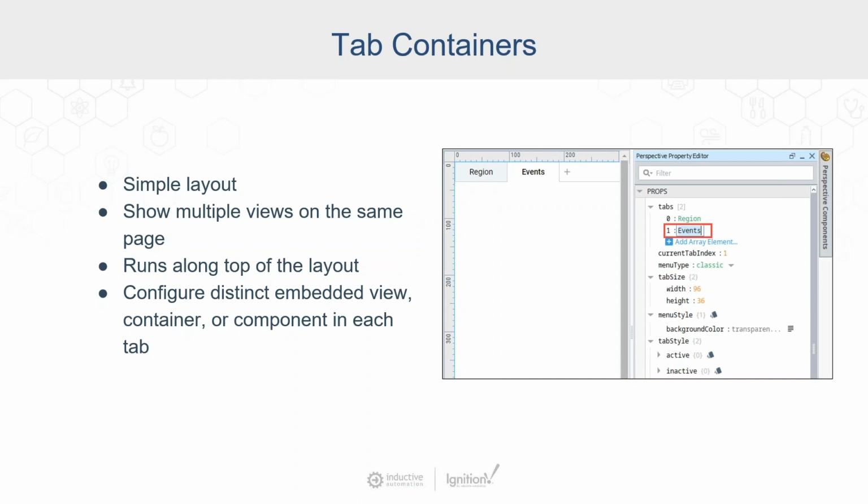Whereas in Vision, if you wanted to do tabs, you could have a tab component, and you might have containers that you would make visible or invisible based on the tab that's selected. But those containers were actually on the screen and always running. In this particular case, only the tab that is open is the one that's running. And you can, again, contain whatever you want inside of it. And again, there's a lot of options for how this works.